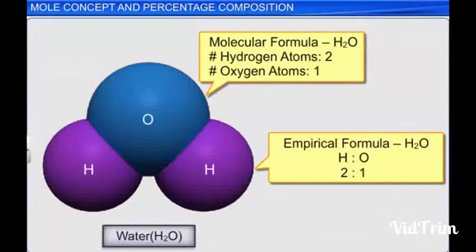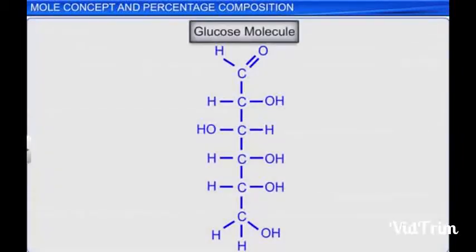In case of glucose, the molecular formula is C6H12O6. This means that one molecule of glucose has 6 carbon atoms, 12 hydrogen atoms and 6 oxygen atoms.